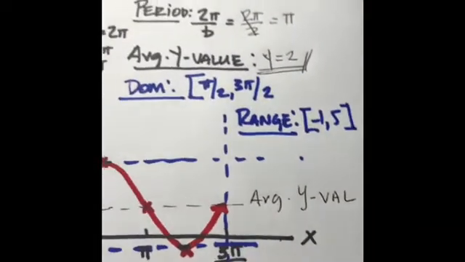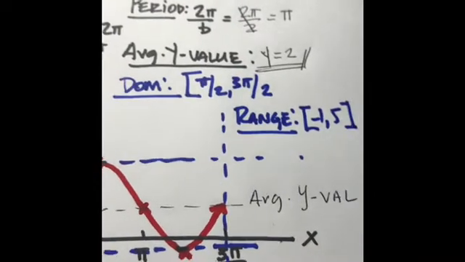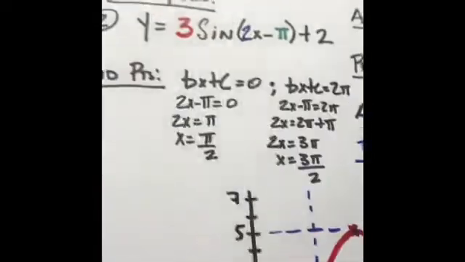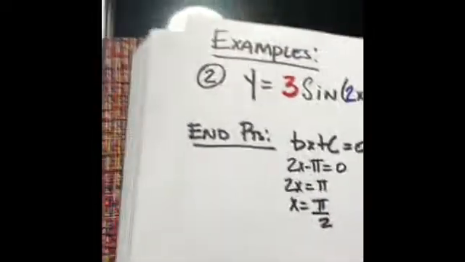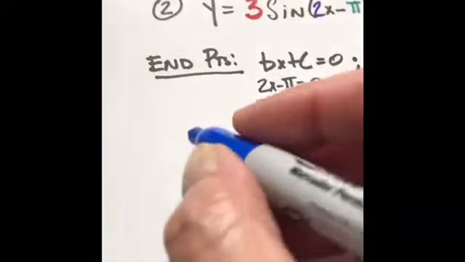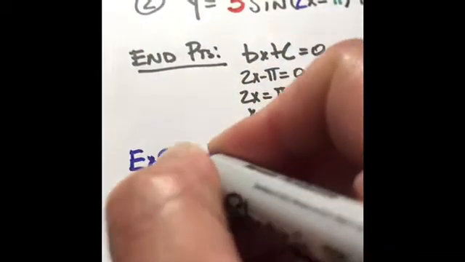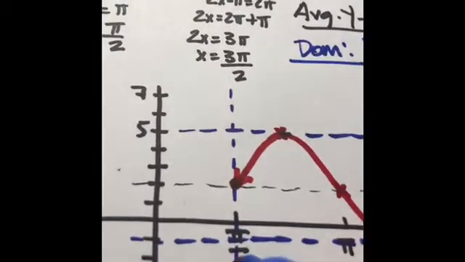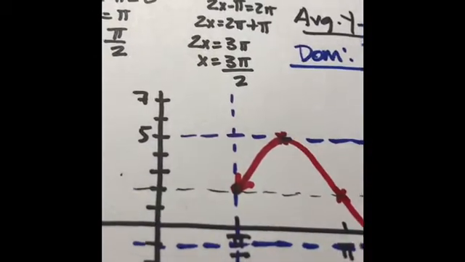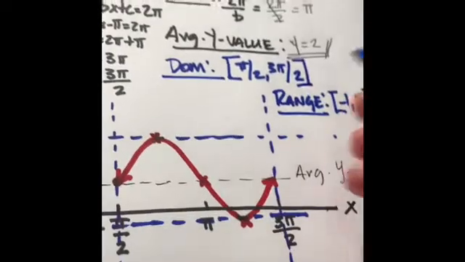There I have my domain and the range, and what I am missing is to get the endpoints, the actual coordinates of the endpoints. Remember that what I get here are only the x values of the endpoints. So the endpoints of this graph, which are the actual coordinates, will be pi over 2 in x, which is this value in the domain. Sorry, I forgot to enclose the domain.